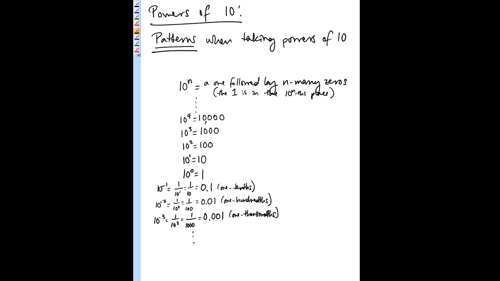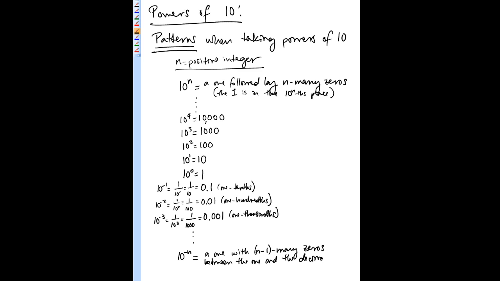We notice that if we keep going, 10 to the negative n, and here we're assuming that n is a positive integer, you'll notice 10 to the negative n is going to be equal to something that has a 1 with n minus 1 many zeros between the 1 and the decimal place.